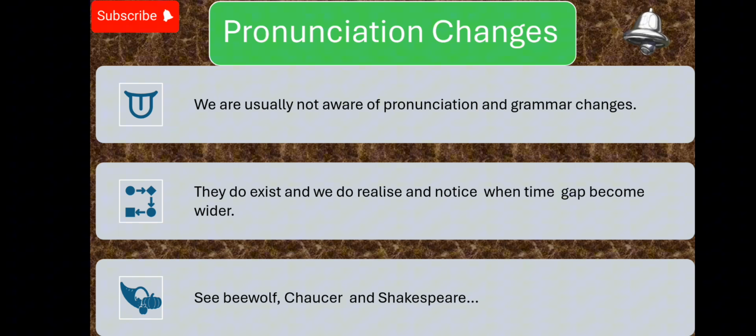So see, for example, Beowulf, Chaucer, and Shakespeare. If you pick up Beowulf, which was perhaps written in the 8th century, and compare it with Chaucer's time, the Middle Ages, you will realize there was so much change in grammatical structure, in the way spellings were written, and in the way words were pronounced in the 8th century.